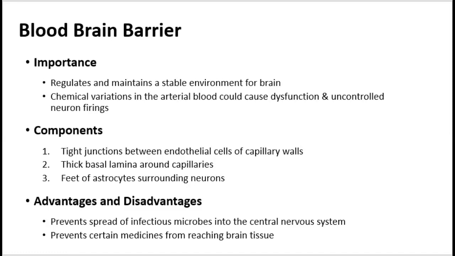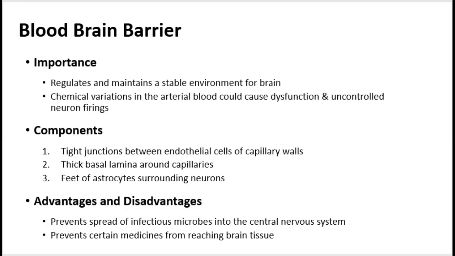So, like the barrier that we saw in the choroid plexus, the blood-brain barrier has specific components. There are three components. One is the tight junctions that exist between the cells of the capillaries. These cells are called endothelial cells.